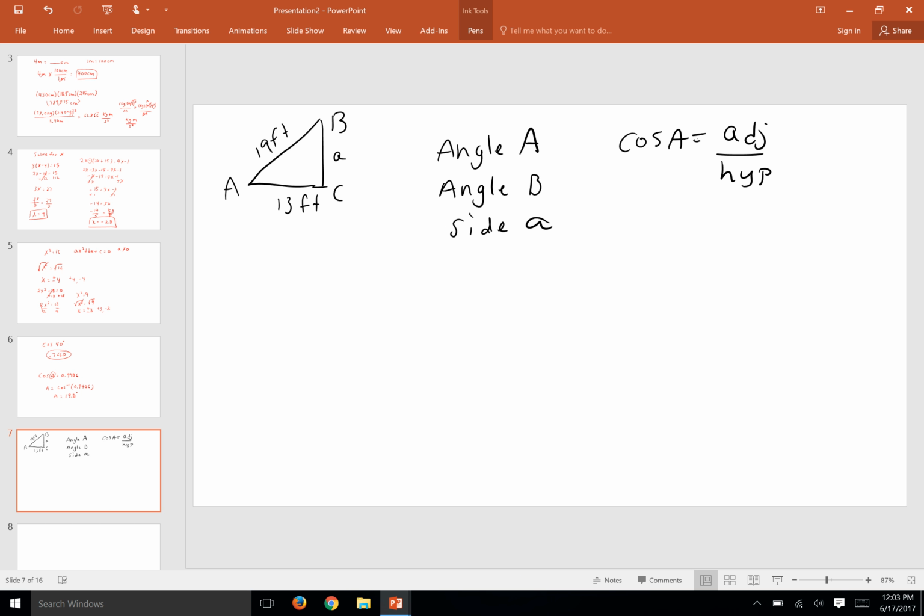Alright? So we have the two sides here, so we can do that. So cosine A equals 13 feet over 19 feet, and that's going to equal 0.684.